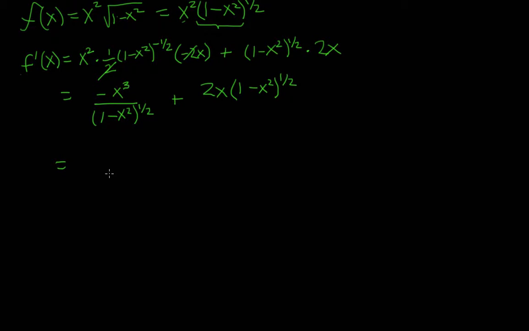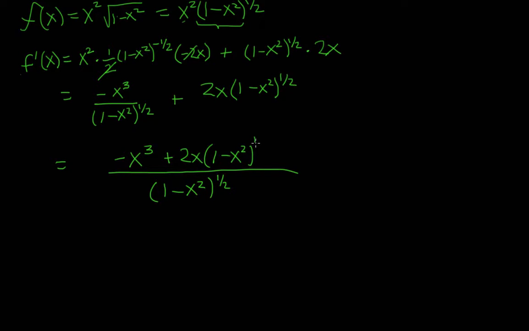And so the denominator is 1 minus x squared to the 1/2. Since I didn't need to multiply this by anything, I have negative x cubed here. Plus, I'm going to have 2x times 1 minus x squared to the 1/2.